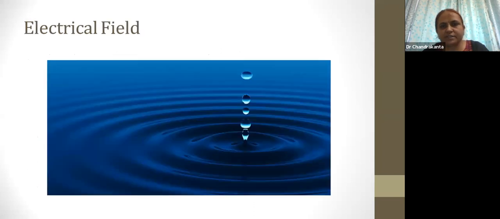So what is an electrical field? You must have seen when we throw a stone in the water, the waves are formed and the amplitude of the wave will be maximum at that point where we have thrown the stone. And then there are slower waves towards the periphery.